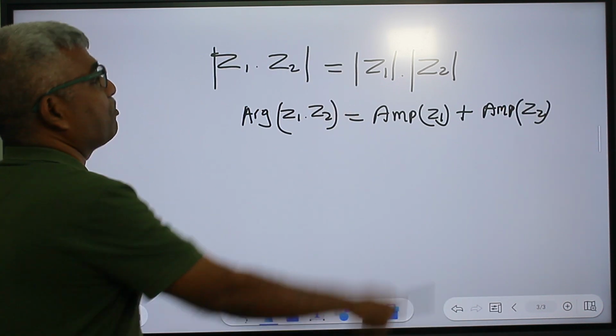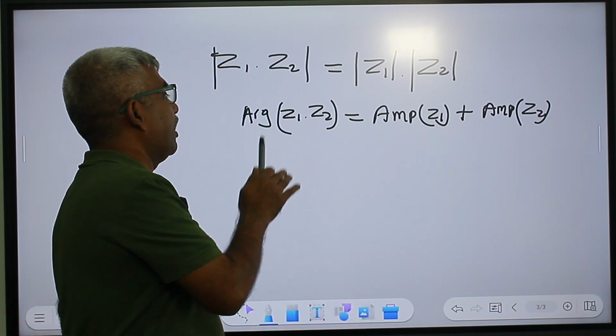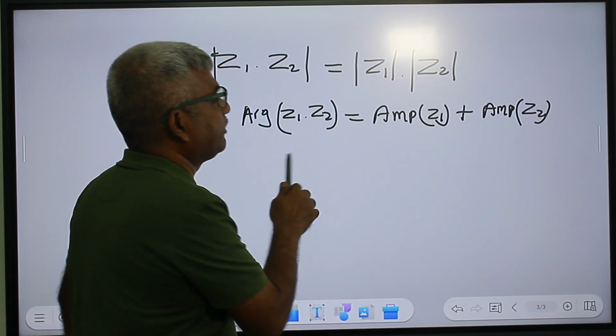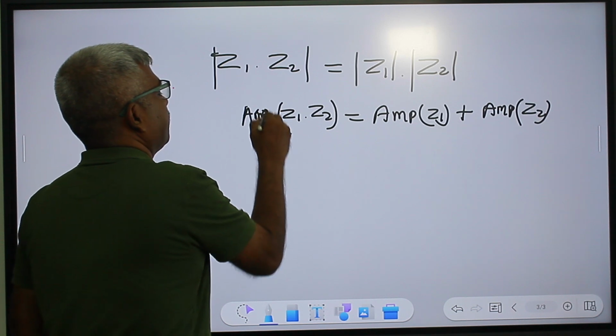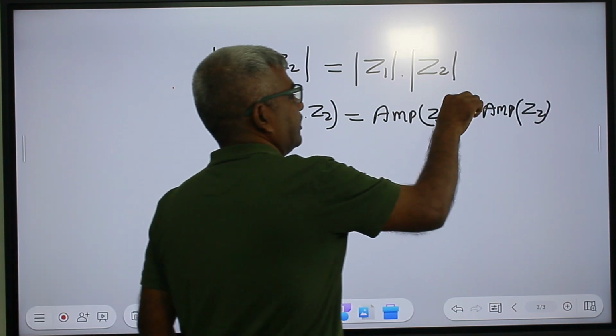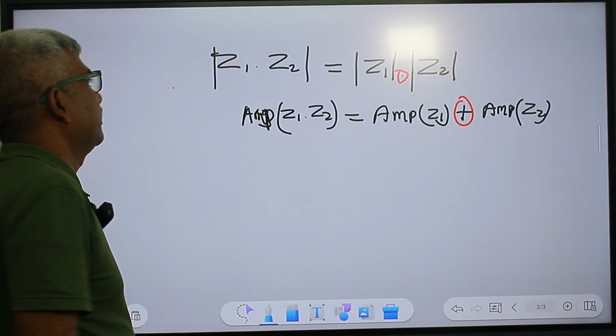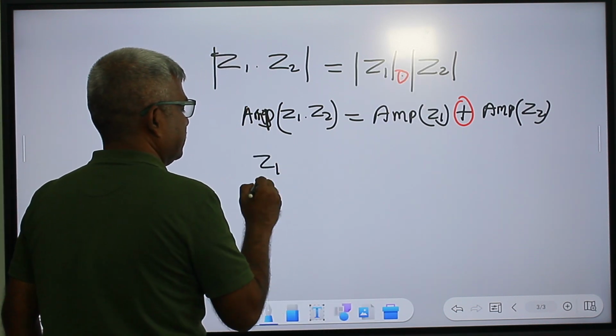Got it? Here the modulus is multiplied. For argument or amplitude, we use the same word. Amplitude is addition. Here it is multiplied. Okay? The same way here.